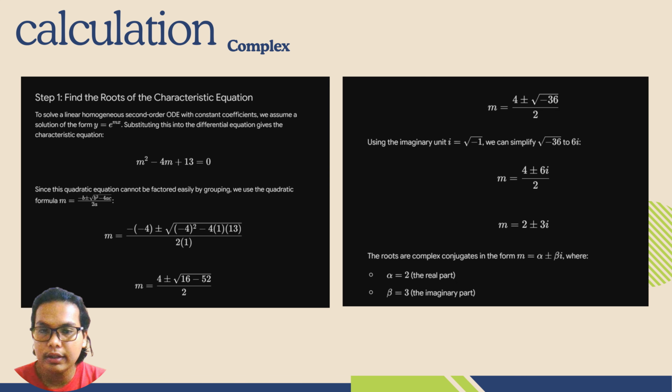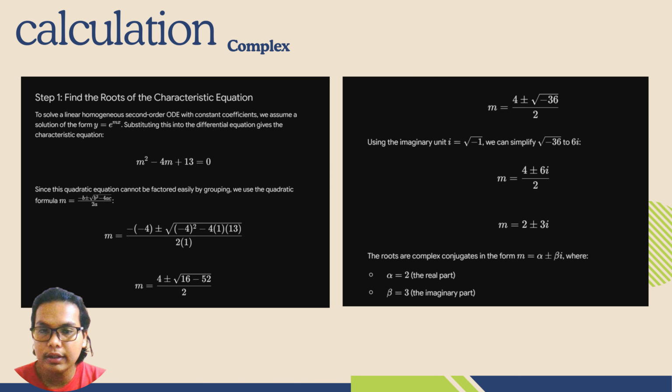So we can simplify the equation that we got, which is square root of negative 36, to 6i. So the equation will be m equals to 4 plus minus 6i per 2, which we will simplify again, and then we will get m equals to 2 plus minus 3i.